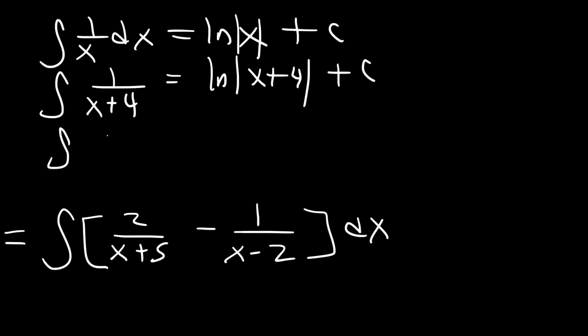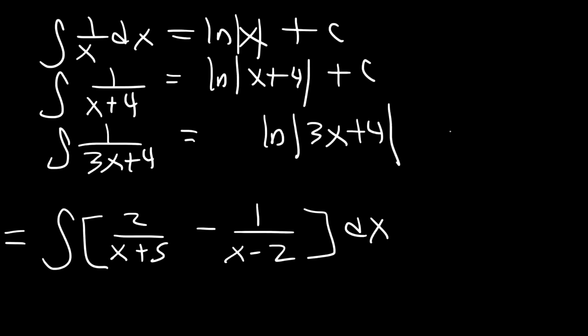So if you integrate, let's say, 1 over 3x plus 4, it's going to be ln 3x plus 4, but if you use u substitution, you'll find that it's going to be 1/3 ln 3x plus 4. So if this is a linear factor, and if you take the derivative of 3x plus 4, which is a constant, that's going to give you 3. And you need to divide this by 3.